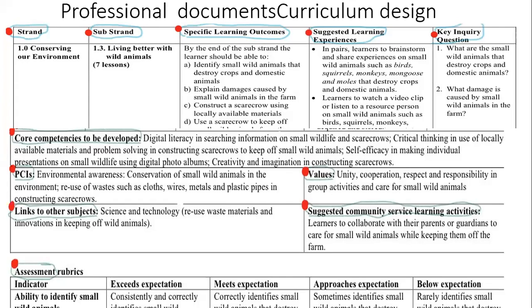If you open that page, it will give you the whole curriculum areas, all the programs of study that we are supposed to cover from January to the end of the year in grade 4. So this is just a sample of what you would find on that page.